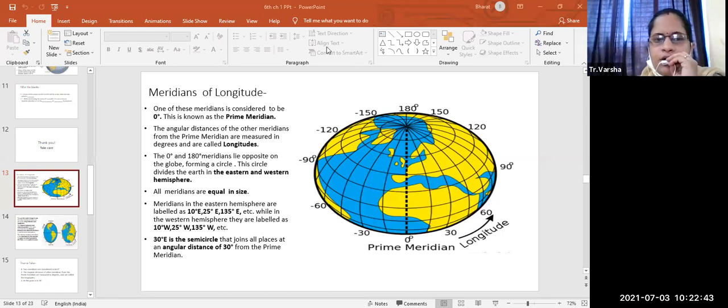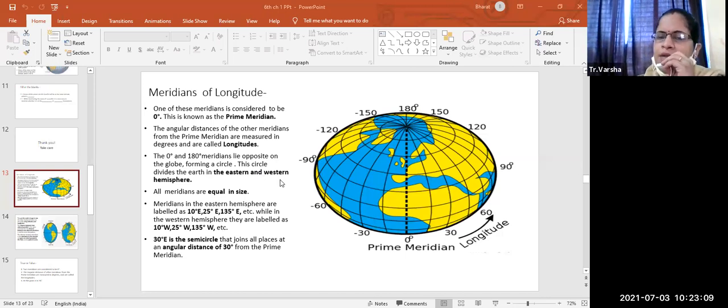I will read one more time for you all so that it is clear. One of these meridians is considered to be 0 degree. Here in the picture you can see the 0 degree, which we have named the prime meridian. The angular distance of other meridians from the prime meridian is measured in degrees.